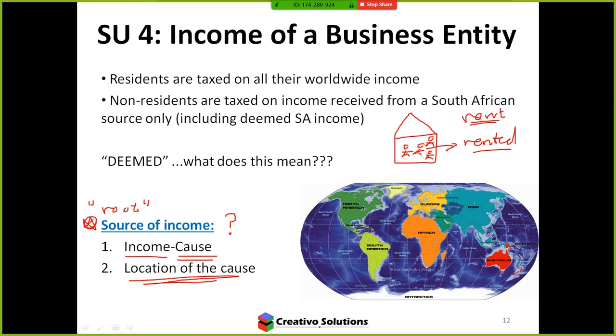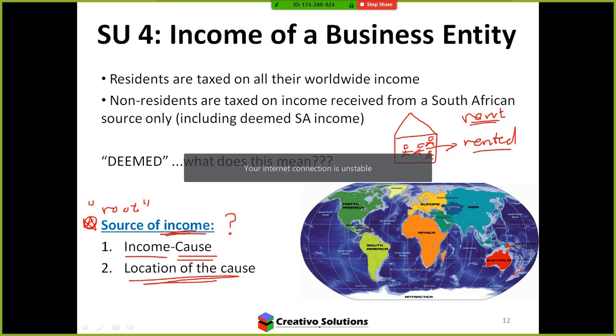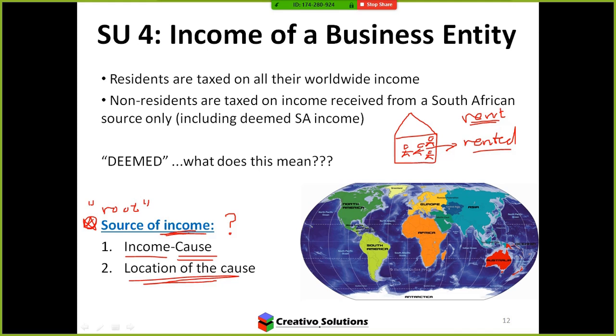Okay, the cause. The creation of the income. So that's something that you also need to establish. How is the income being created? How is the income being produced? If this was a manufacturing building, then the products that I'm selling would be generating the income. And then I need to know, where am I selling those products? In South Africa or abroad?